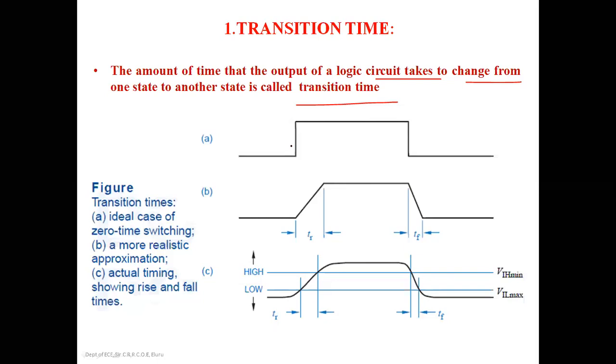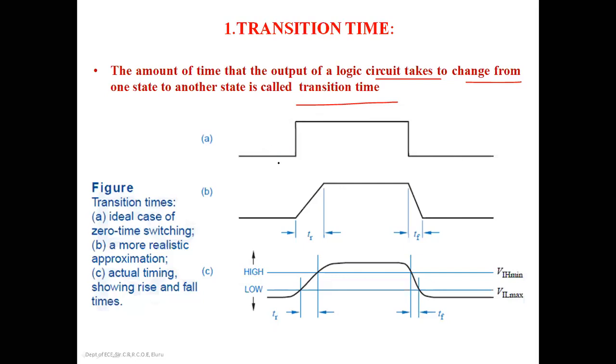However, real outputs cannot change instantaneously, because they need time to charge the stray capacitances of the wiring connections, and also of the other devices that they drive in the circuit. Because of these two factors, the output cannot change instantaneously in the practical version.